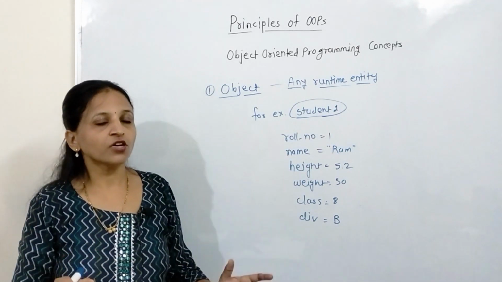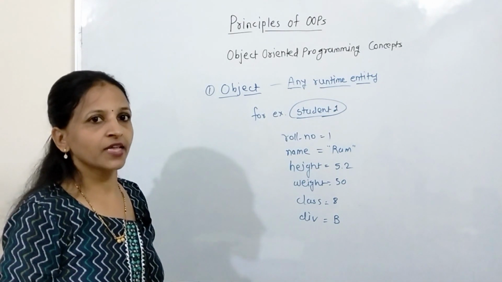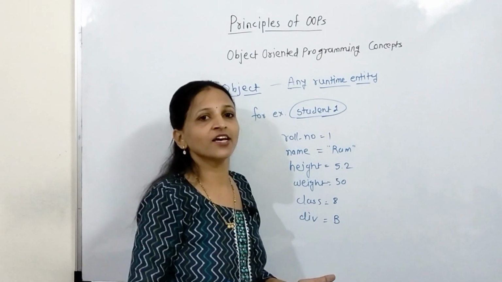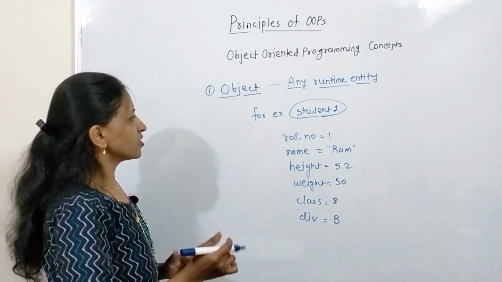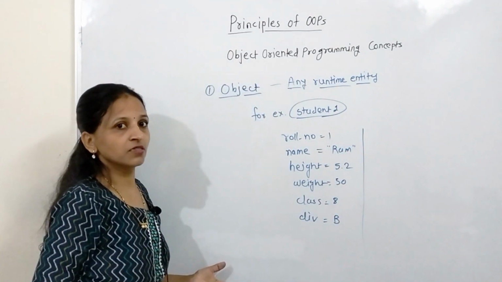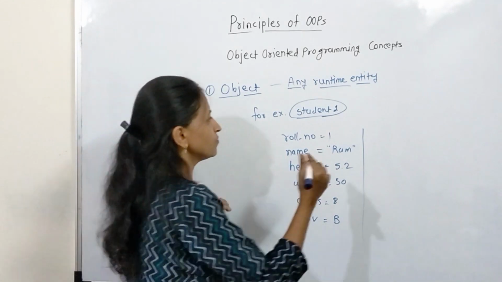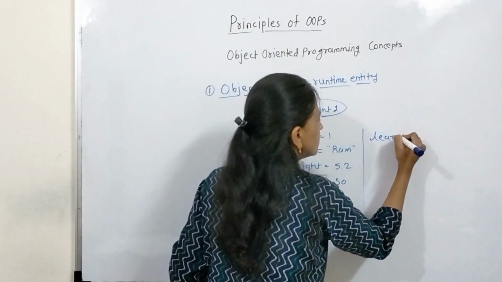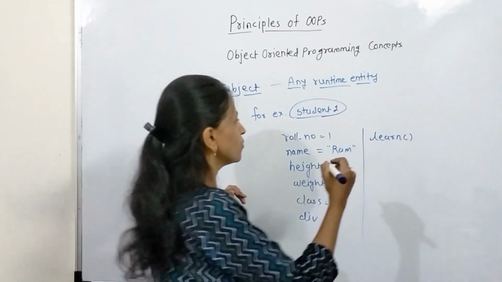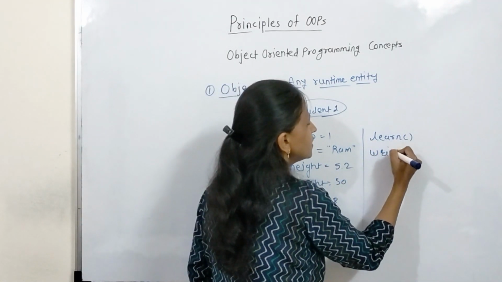Now an object does not have only attributes; along with that, an object also has some functionality. Now what is that functionality? See, a student can learn. This is the first functionality. Then the next one is a student can write. That is the second functionality.